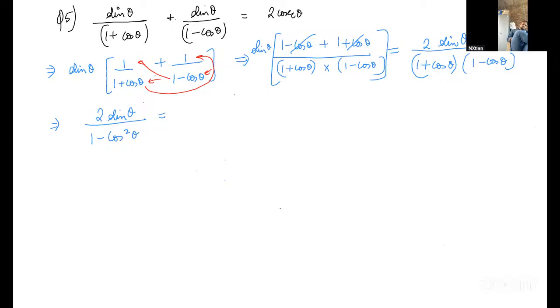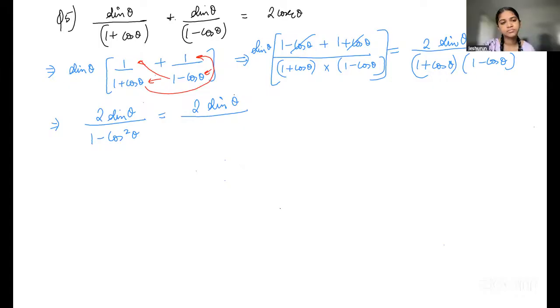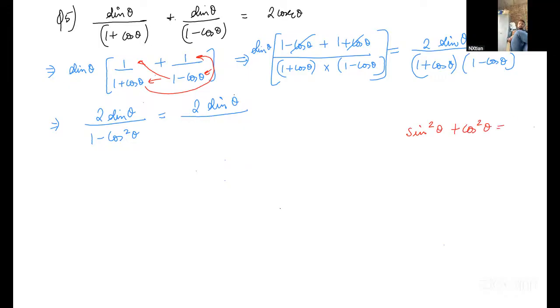So it will become 2 sine theta upon... Now, what is the answer of 1 minus cos square theta? You don't remember the formula? No, sir. Okay. Ira, what is 1 minus cos square theta? See, sine square theta plus cos square theta is equal to 1.